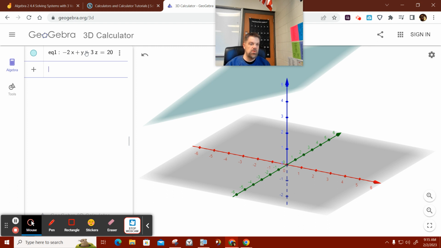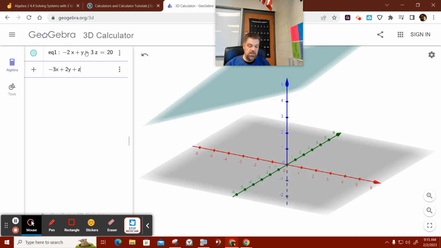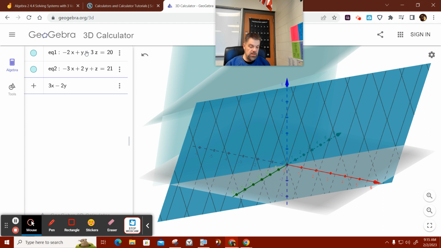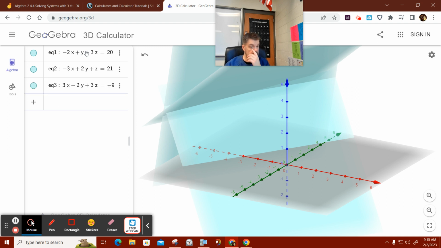That's equation number 1. Negative 3x plus 2y plus z equals 21. That's in there. And then I have 3x minus 2y plus 3z equals negative 9.